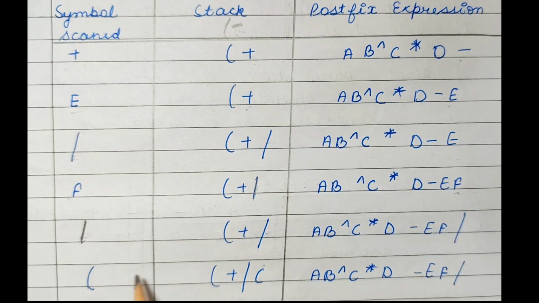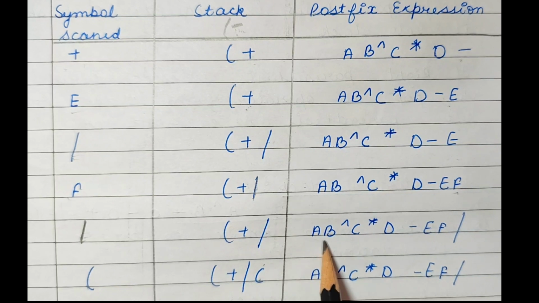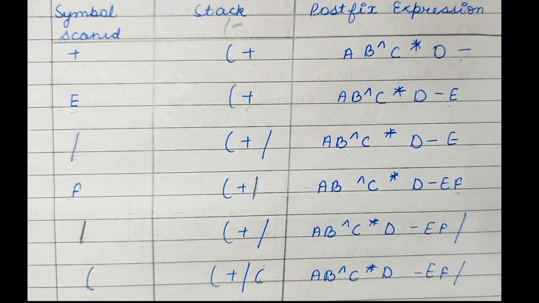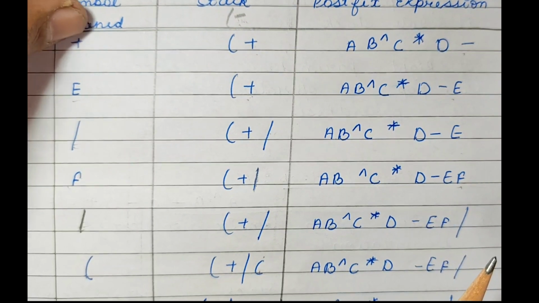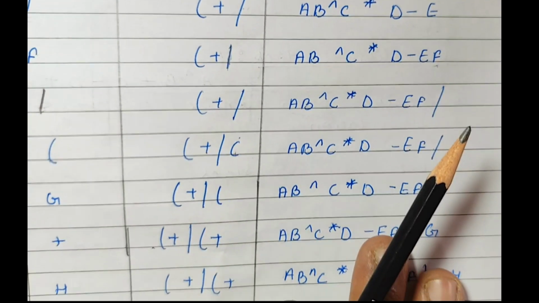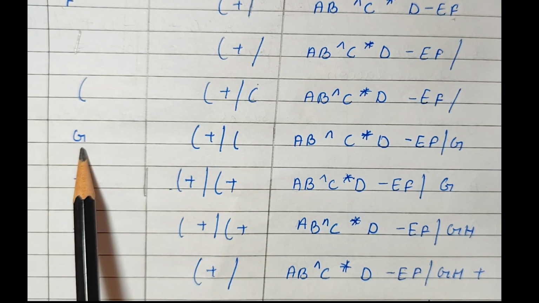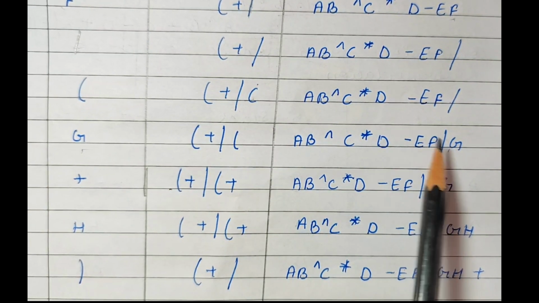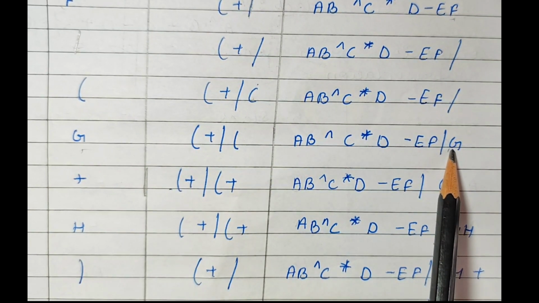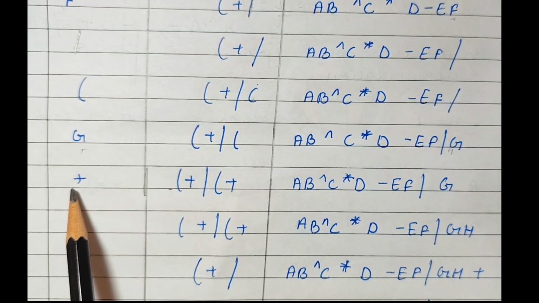So we push this left parenthesis in the stack, and this expression we write as such. After this we have G, an operand, so we write this operand as such in the postfix expression.